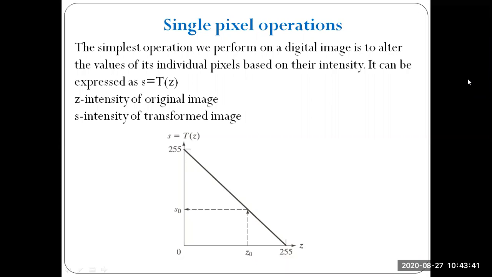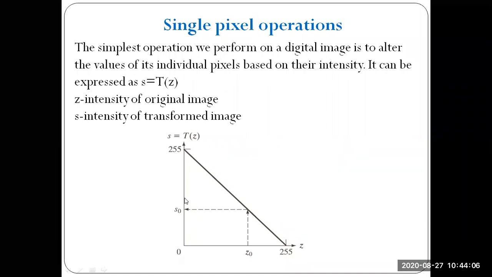In a normal monochrome or black and white image, first we consider the intensity or grayscale value. If you want to increase or decrease the intensity value, T is the operation. S equals T of Z, where Z is the input pixel value and S is the output pixel value.